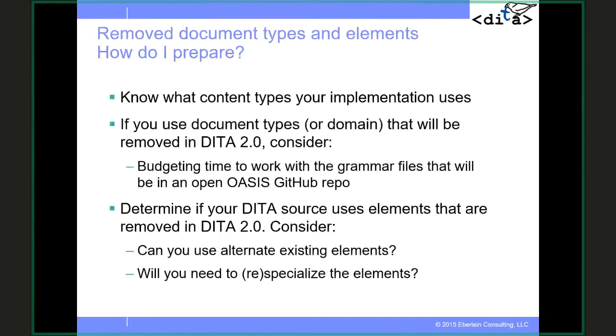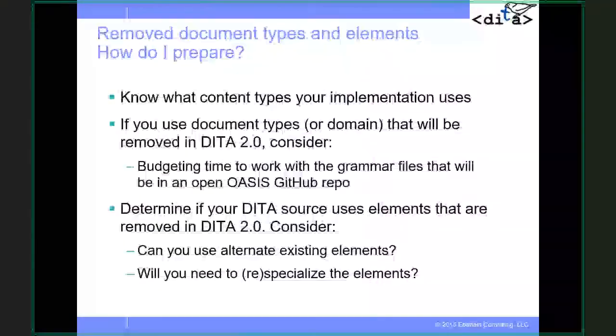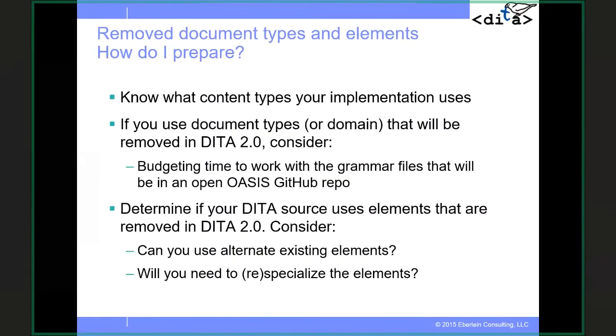So, how do you prepare for these document types and elements that are being removed in DITA 2.0? The first thing is really to embark on a content audit and know just what document types and what elements you are currently using.